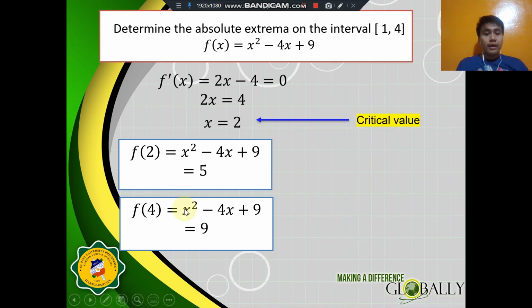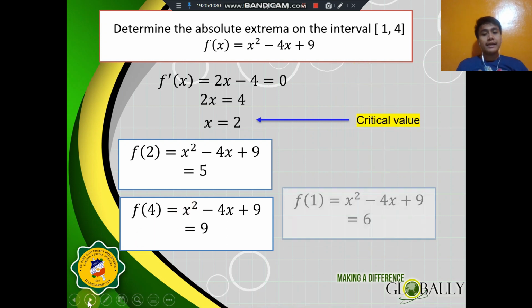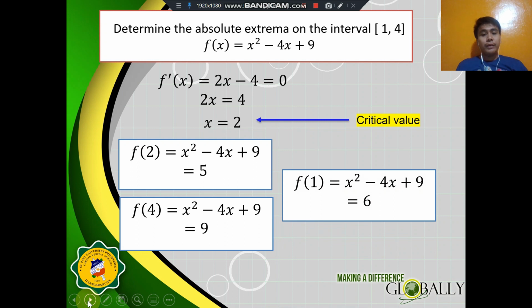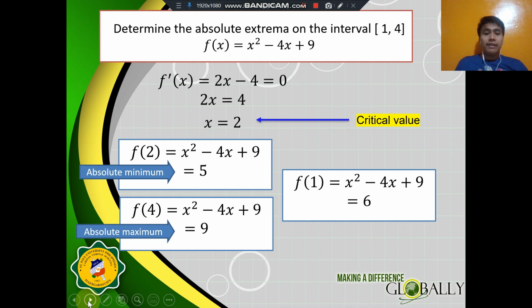And then if the value of x is 1, this will give us 6. The absolute maximum is 9 because it's the highest value. How about the absolute minimum? Okay, very good. The absolute minimum is the lowest value, which is 5. So that's very easy in finding the absolute minimum and absolute maximum.